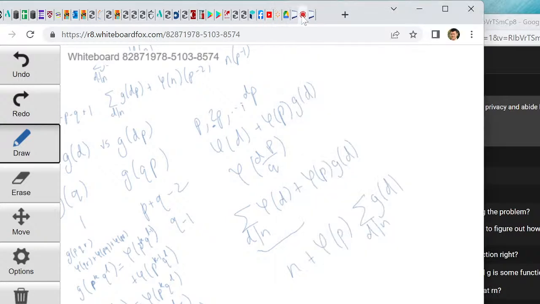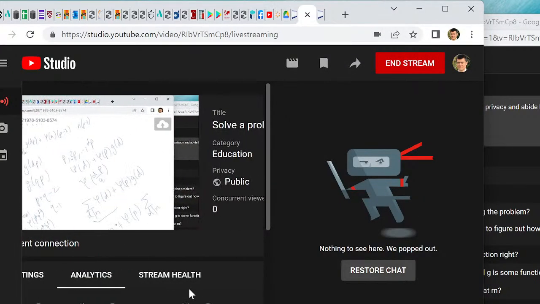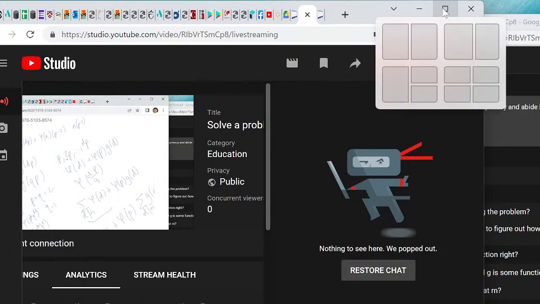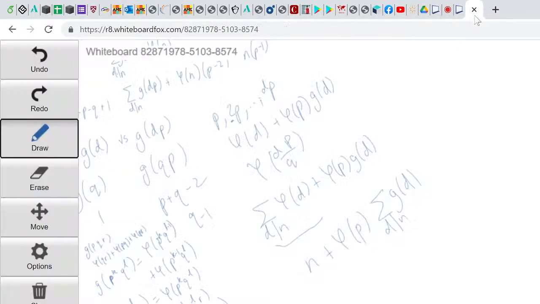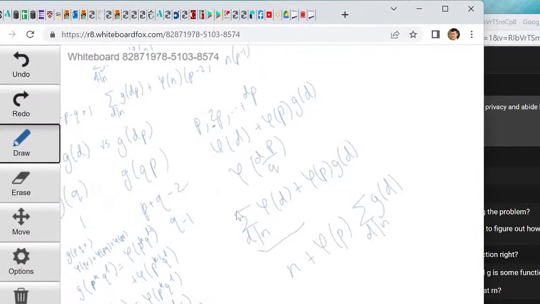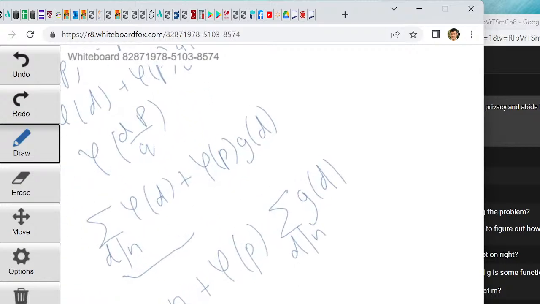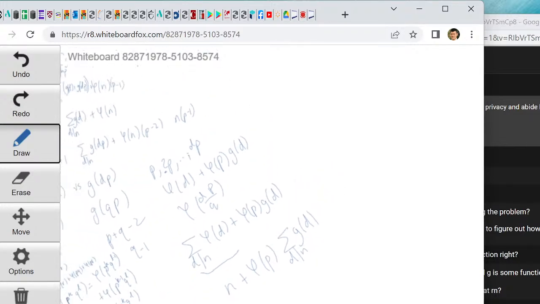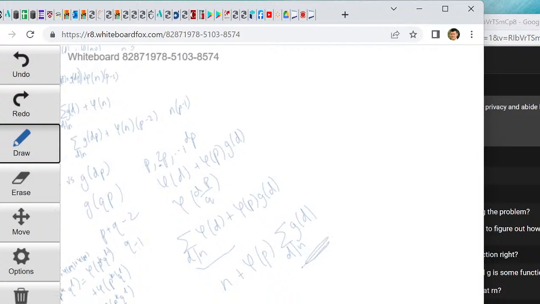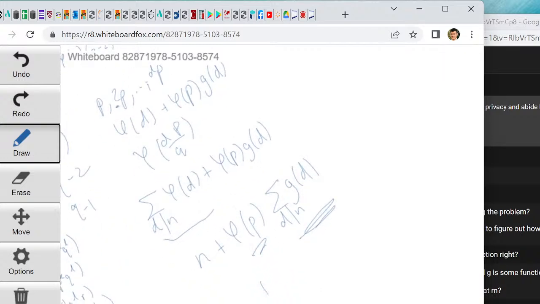Let's see what else we got here. Okay, well that's promising because this thing here, no, this thing here is just P minus 1.